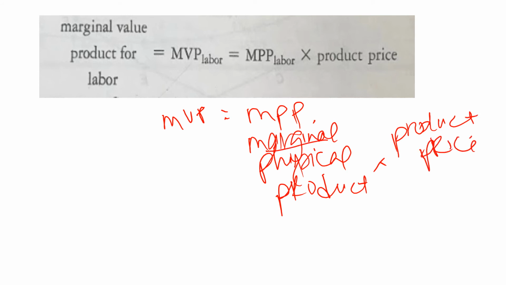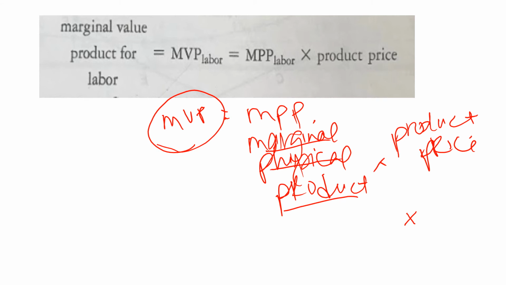The marginal physical product is how many units of output we can produce with one more unit of input. So increasing labor by 1 unit will give us how much more physical product, and whatever that is, we multiply that times the product price to figure out the value of that increased unit of input, in this case that increased unit of labor.